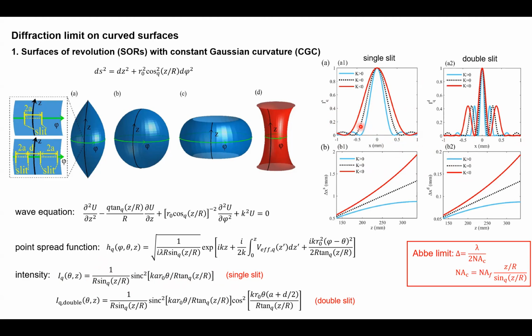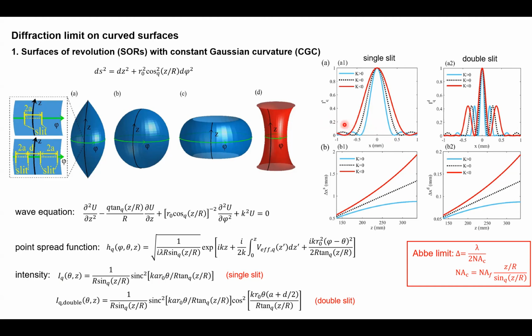And compared to that, we can see that a curved space with positive curvature can narrow the diffraction peak and reduce the size of the diffraction spot. This means that two imaginary points can be distinguished more clearly, which provides a new method to realize super resolution in optical imaging.